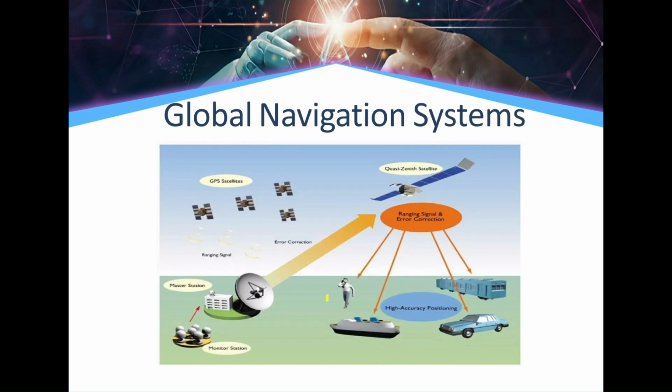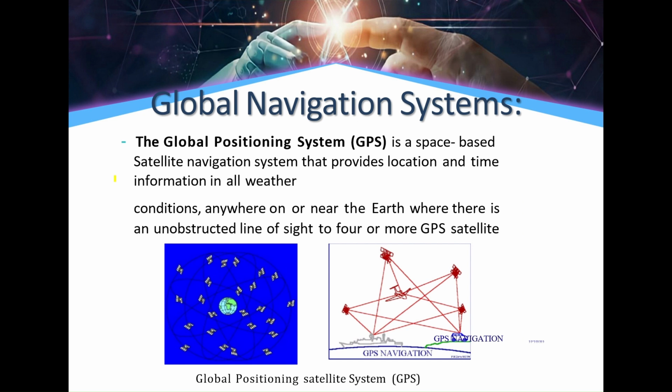Now comes another branch of geoinformatics, that is global navigation systems. What are global navigation systems? They include GPS satellites, master stations, monitor stations, and high accuracy positioning. These are interconnected to provide the exact location of the required person or place.